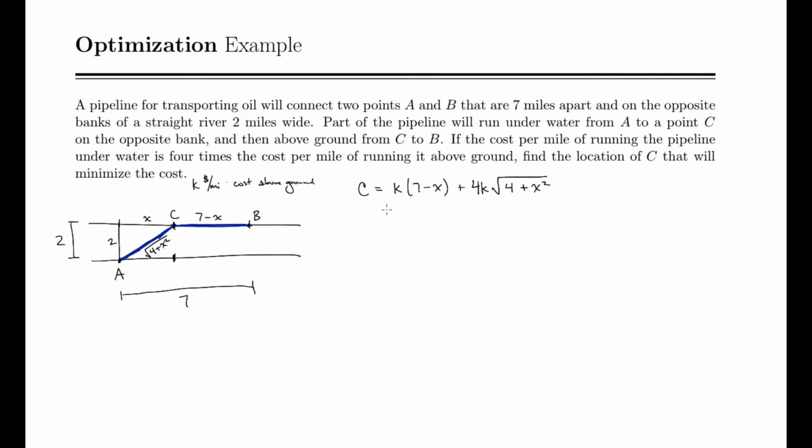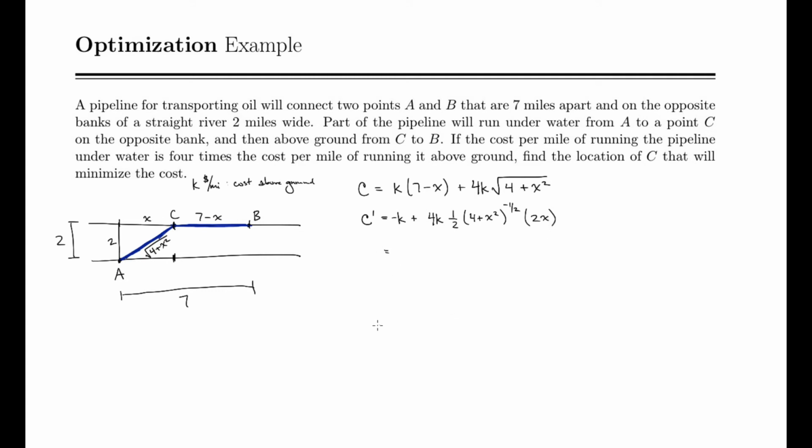And so we can now take the derivative of it. So we have K times the derivative of 7 minus x, which is negative 1. And then plus 4K, and then taking the derivative of the square root, we have a power of 1/2, which we pull down. And we have 4 plus x squared to the negative 1/2, and then times the derivative of 4 plus x squared, which is 2x.